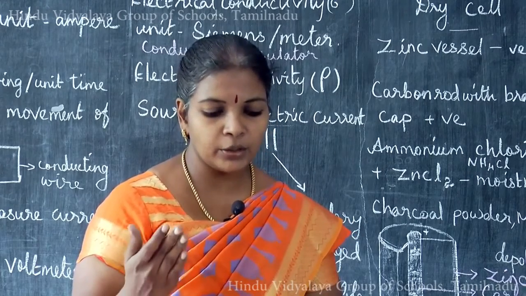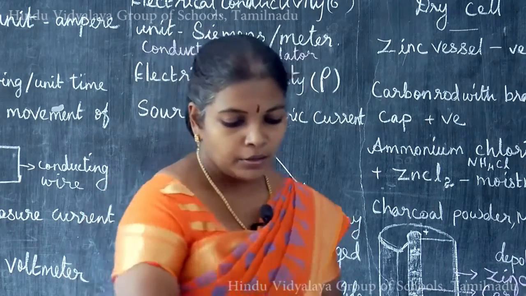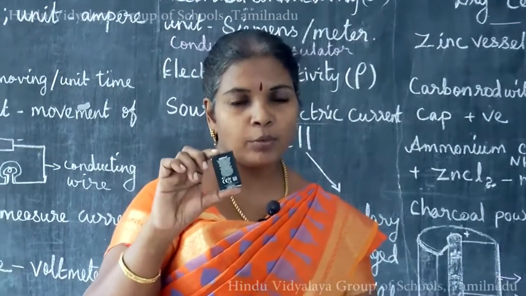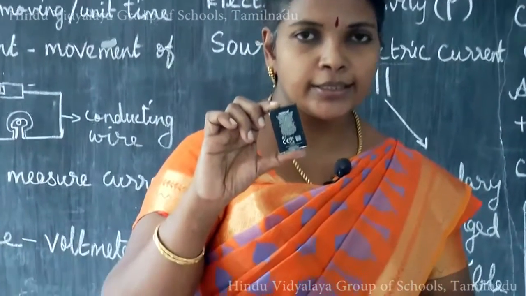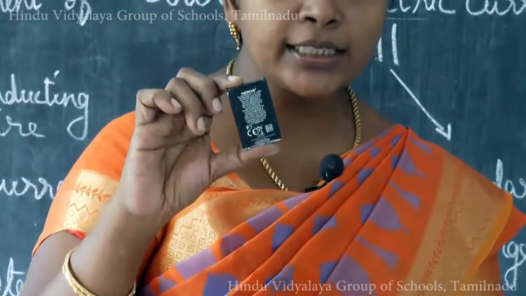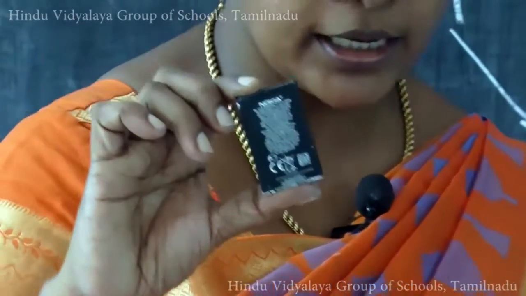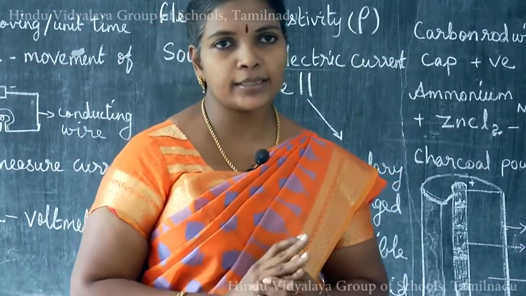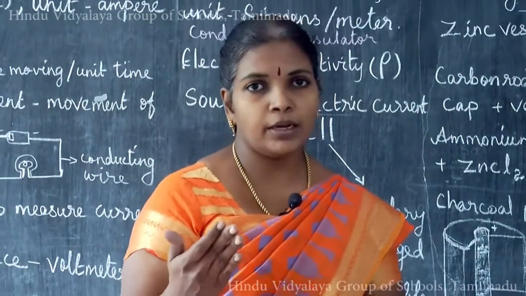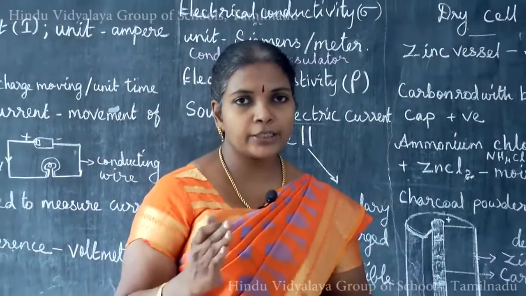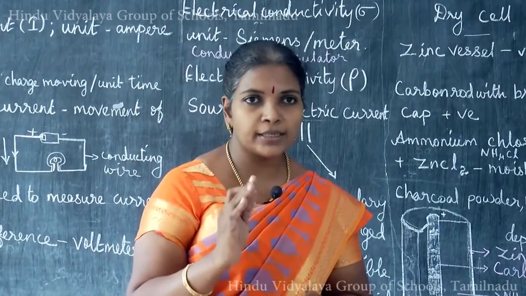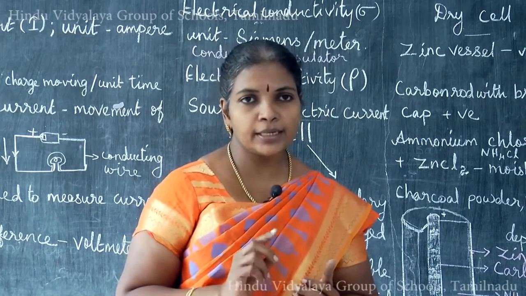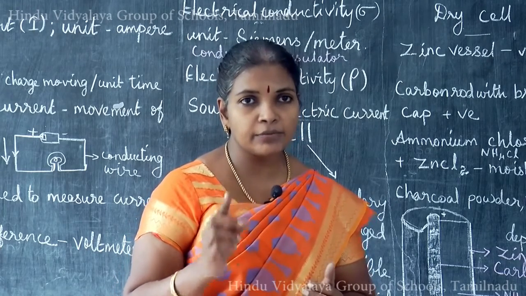For example, we use a secondary cell in a mobile phone, laptop, etc. In generators, they can be recharged. So, secondary cells are recharged, and the chemical reaction taking place in secondary cells is reversible, but the chemical reaction taking place in primary cells is irreversible.